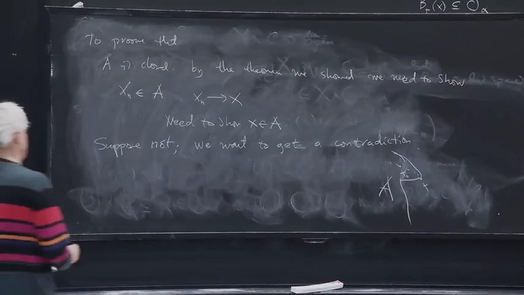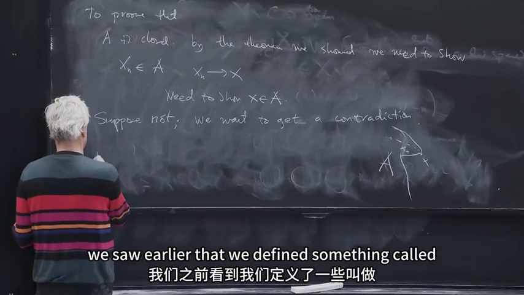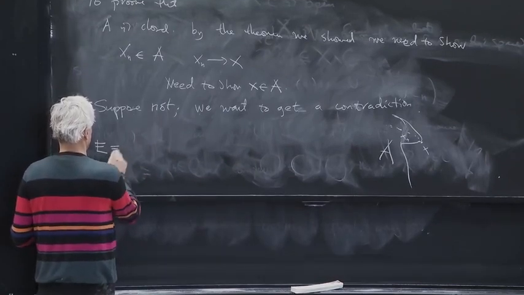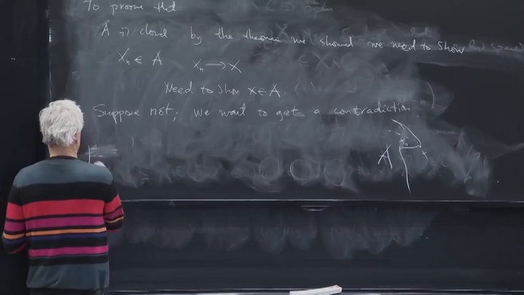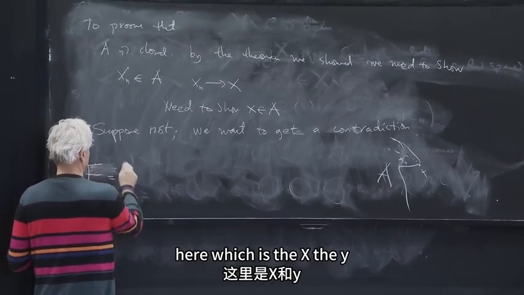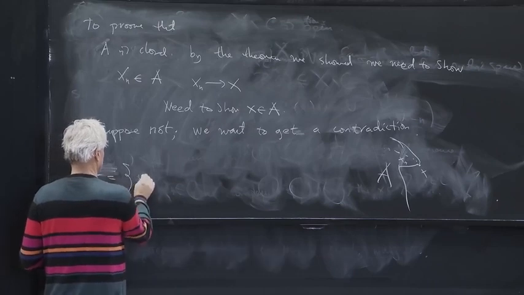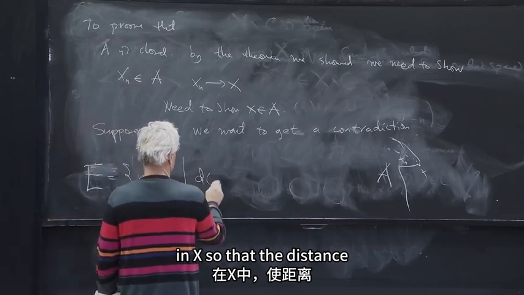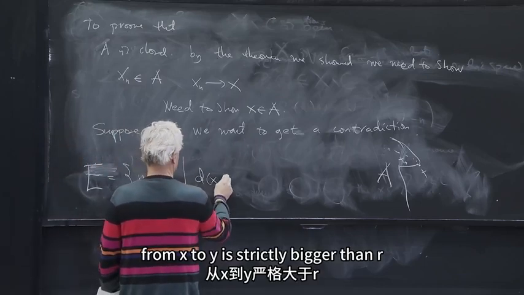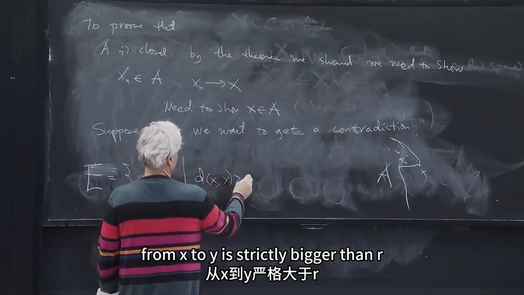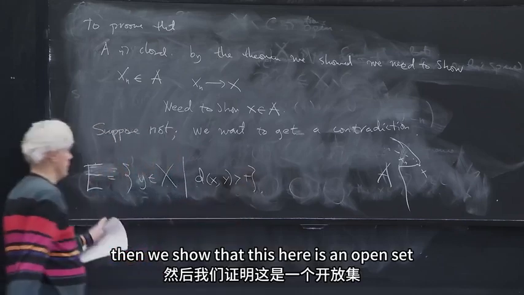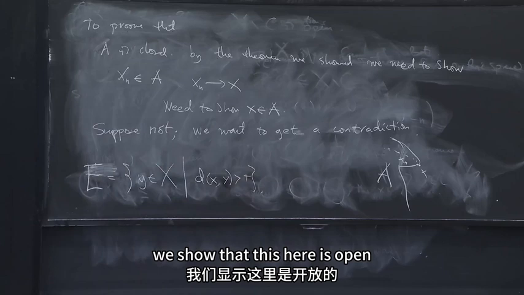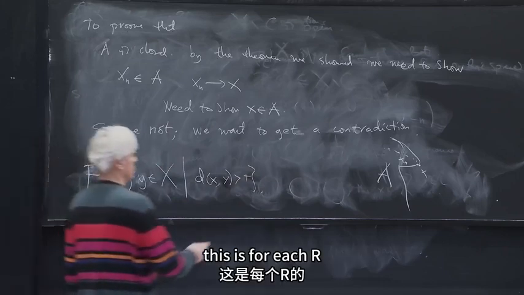Well, we saw earlier that we defined something called E_r here, which is the y in X so that the distance from x to y is strictly bigger than r. Then we showed that this here is an open set, for each r.